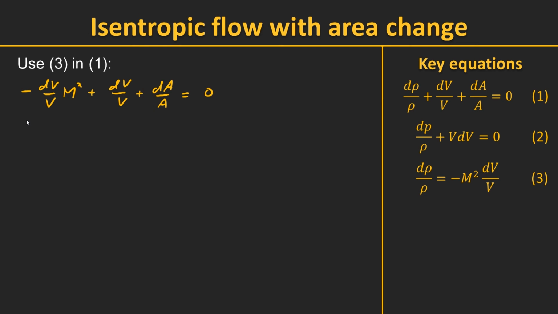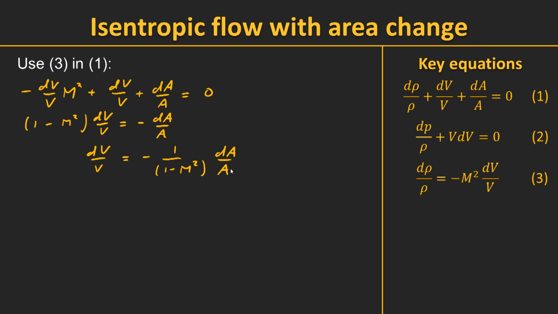So let's collect all the dv on v terms, so we can get 1 minus M squared dv over v, and let's take the area term to the other side, so it's going to become minus dA on A on the right hand side. And then finally let's just divide through by the 1 minus M squared. So what we're going to end up with is dv on v is equal to minus 1 over 1 minus M squared by dA on A.